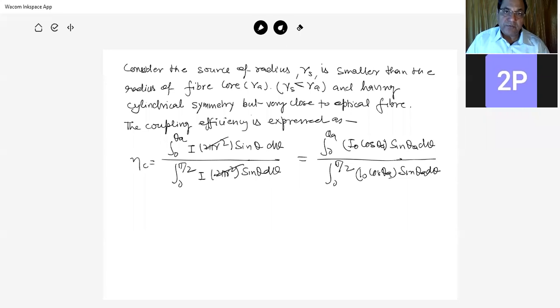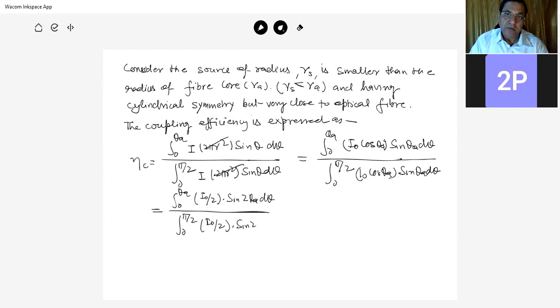So we can express this as 0 to theta A, I0 by 2 into sin 2 theta A d theta upon 0 to pi by 2, I0 by 2 sin 2 theta d theta.